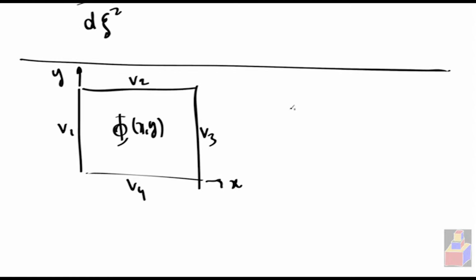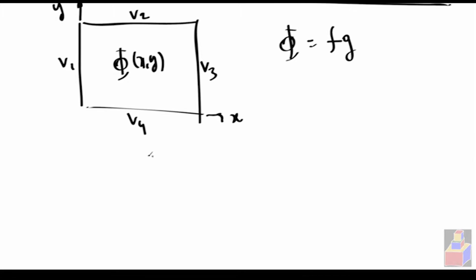And in this case, if we use the same strategy of separating the function into two functions, we're going to have also two differential equations which are very similar to those that we had. 1 over f plus minus d2f dx squared equals to plus or minus alpha squared.